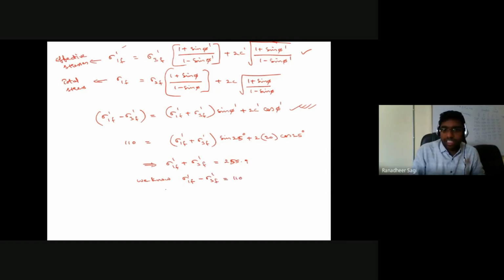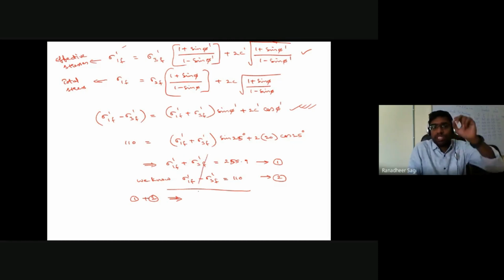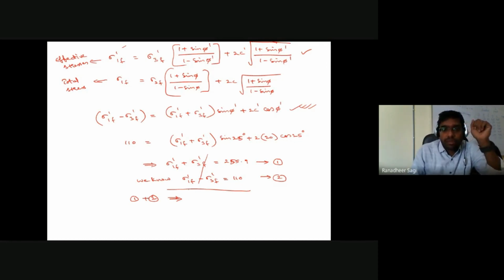If I add these two equations, equation 1 and equation 2, what do I get? These two get cancelled, and I get 2 times sigma 1 dash at failure equal to 365.9, from which sigma 1 dash at failure comes out to be 82.95 kilopascal.